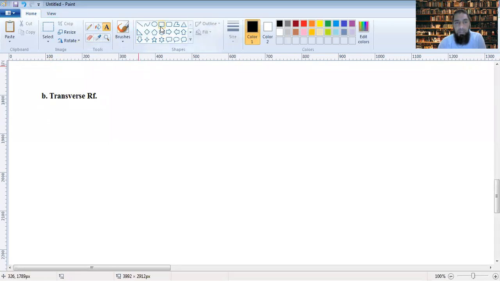First of all, what is the purpose of transverse reinforcement? I told you that last time: number one, it confines the column. Number two, the transverse reinforcement prevents the buckling of the column. Number three, it stops the local buckling, which may happen at any point.